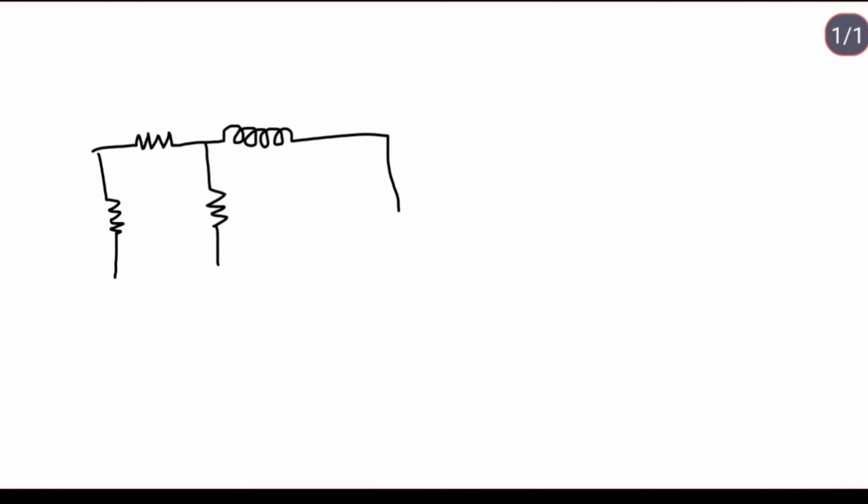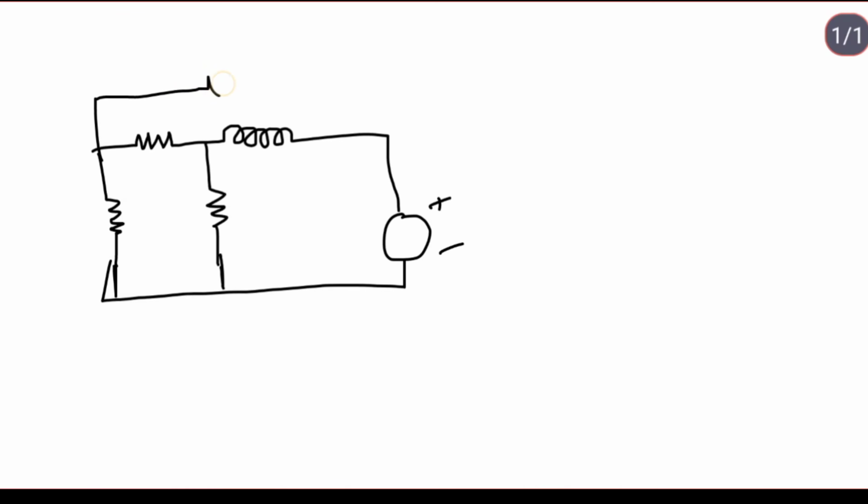Suppose the circuit is complex like this: one circuit consists of resistors and inductors, and resistors, and one voltage source, plus minus, like this. If you consider here also, one resistor and one voltage source.